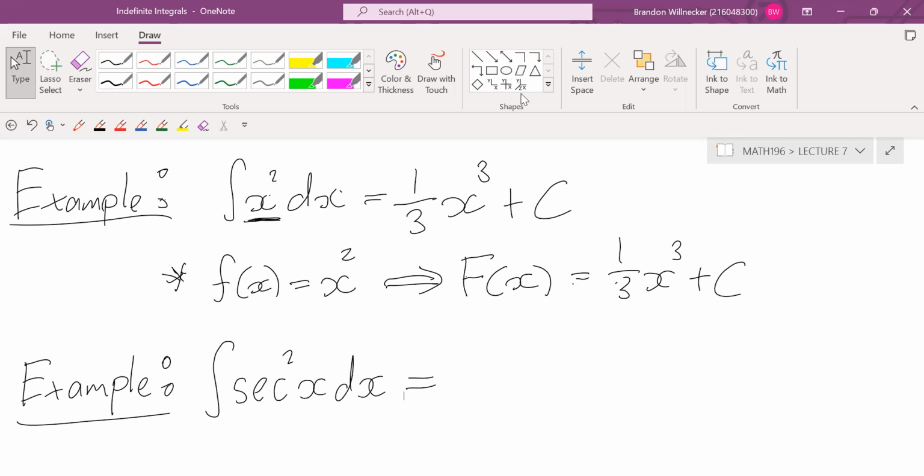Remember, if I say the integral of sec squared x dx, all I'm asking for is the antiderivative. It's just another way of saying the same thing. So what should I get here? You should get tan x plus c. Yeah, perfect. Always remember your plus c over here.